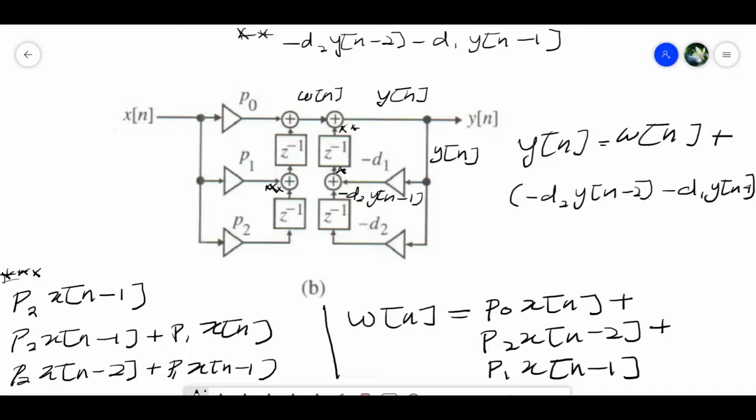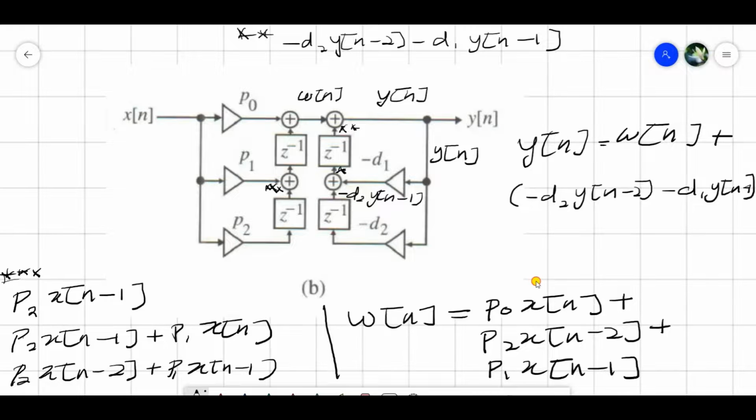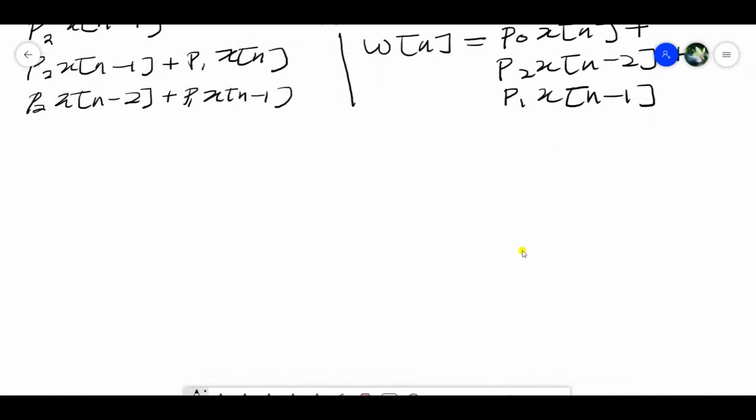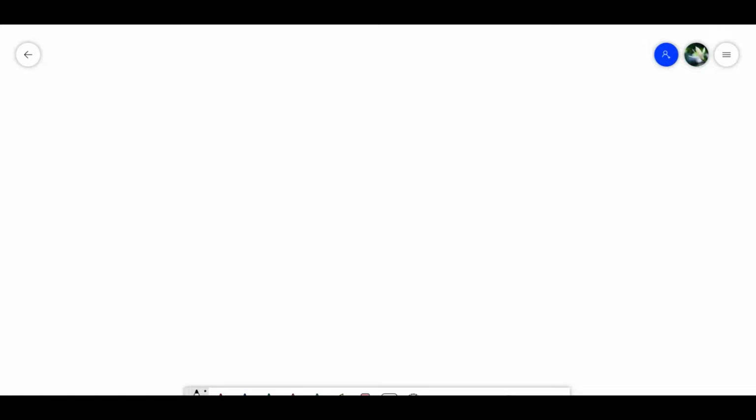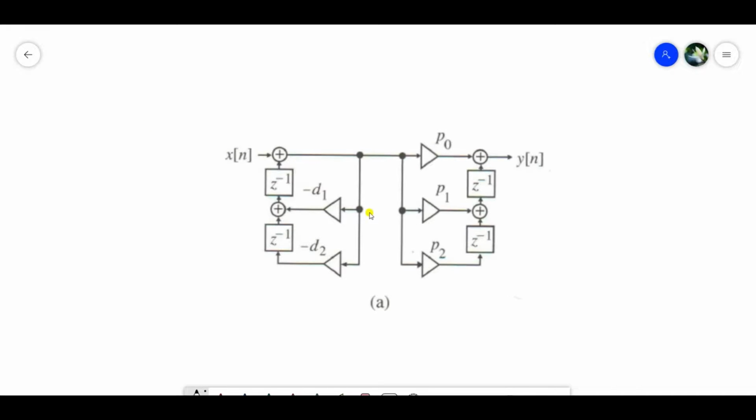Now let's go into another example. So this is diagram A. Again we look at yn.